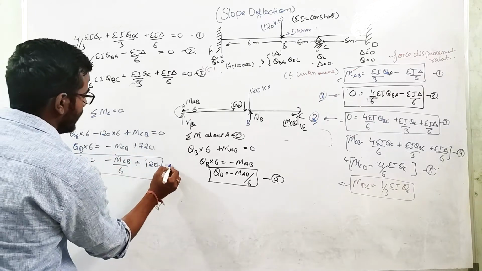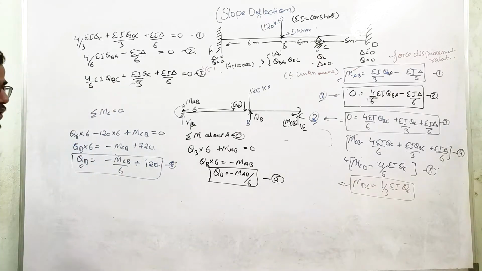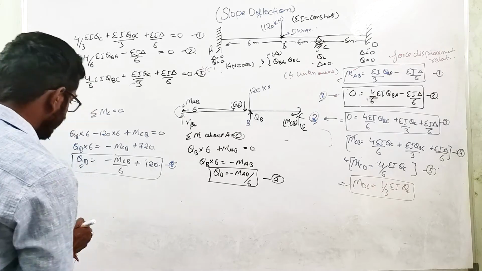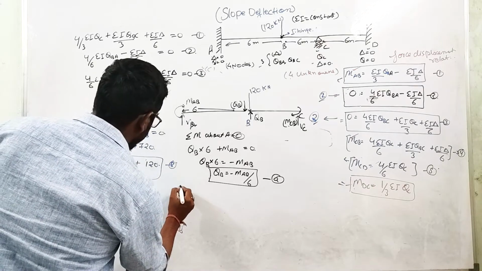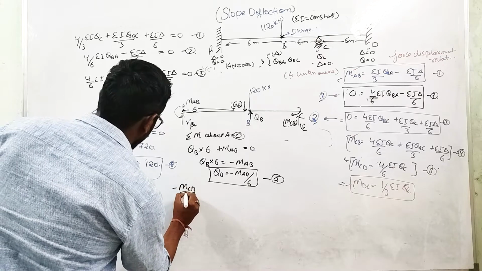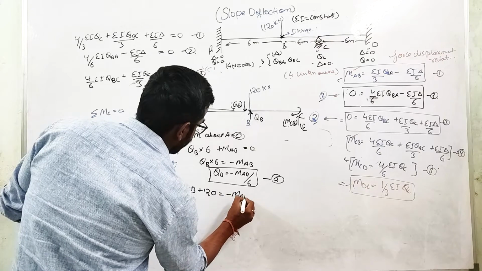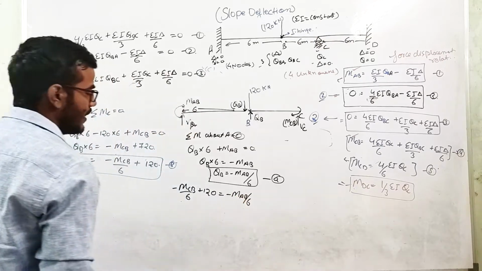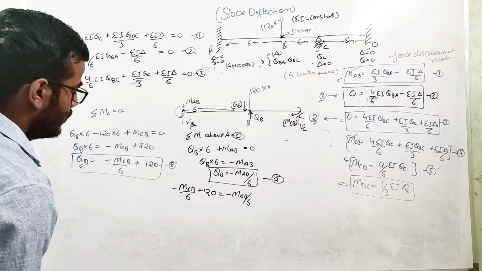Let us suppose this is B. Now I know that both the shear forces are equal. So I can write MCB over 6 plus 120 equals to minus of MAB over 6.